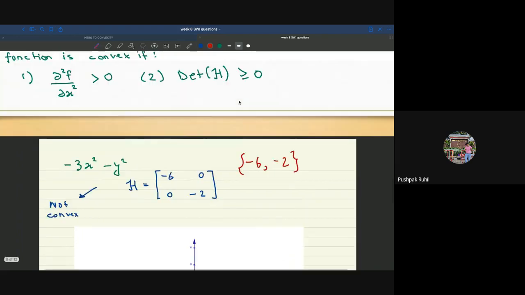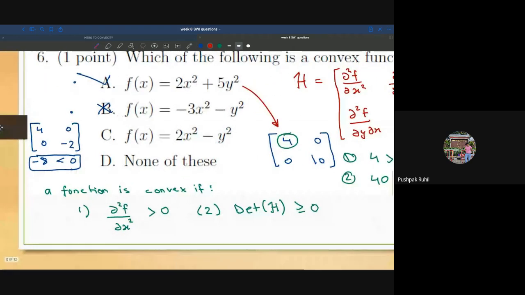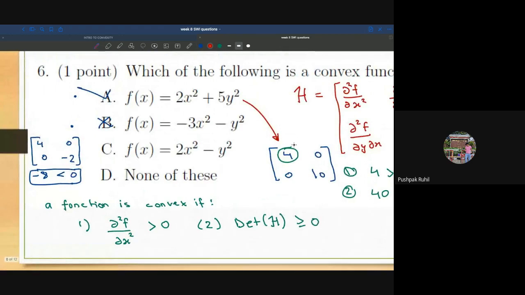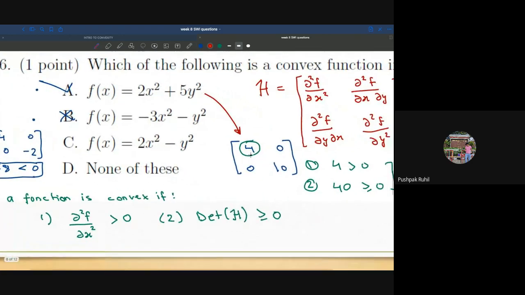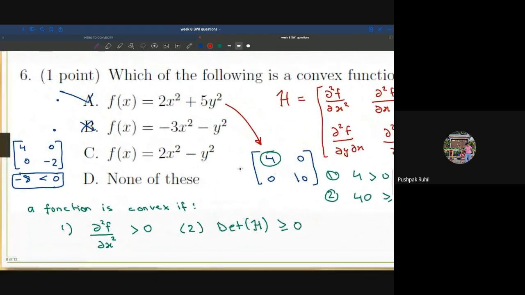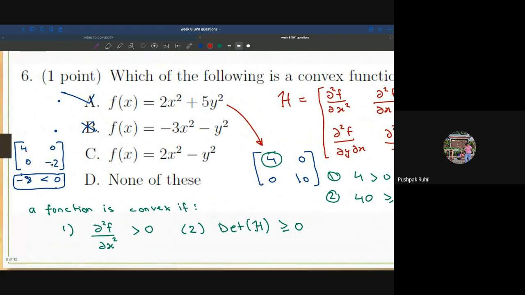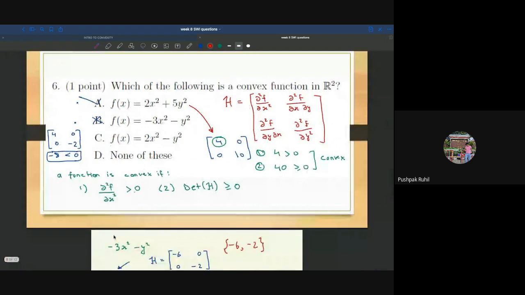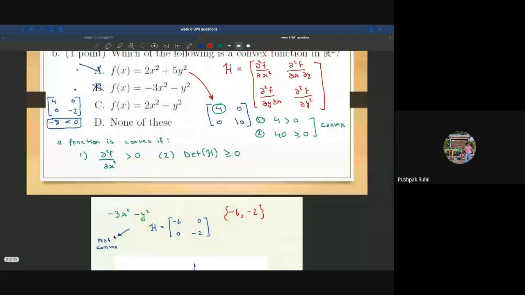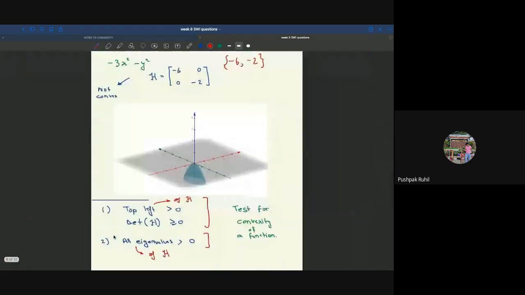Even for other cases, like this particular case and this one, you will get eigenvalues equal to the diagonal elements: 4 and 10 here, 4 and -2 over here. So try to use this eigenvalue method as well on the same set of questions and you will realize this.